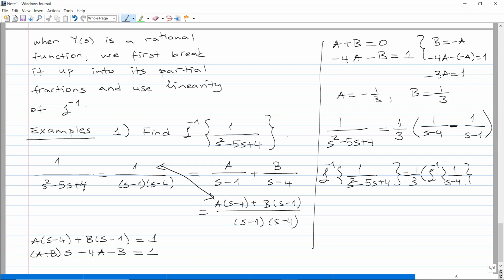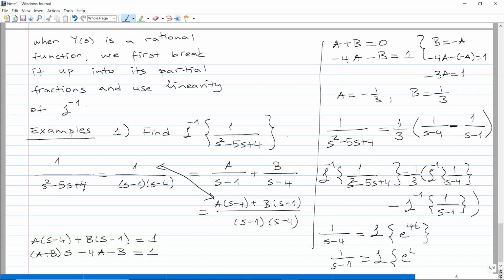minus 4, minus the Laplace inverse of 1 over s minus 1. Now, 1 over s minus 4 is the Laplace transform of e to the 4t, right? And 1 over s minus 1 is the Laplace transform of e to the t.